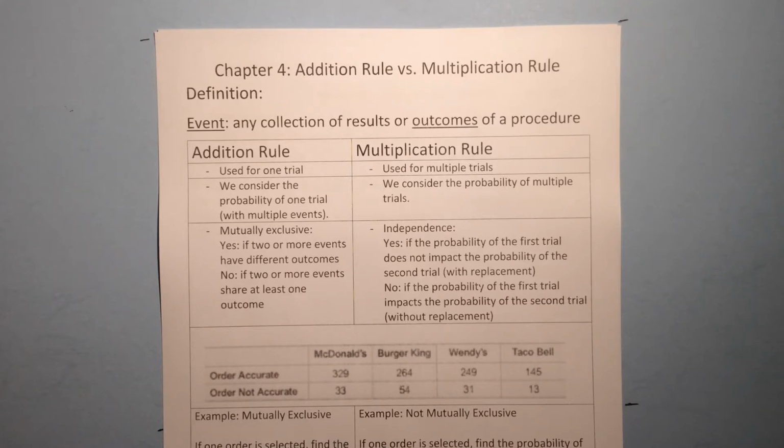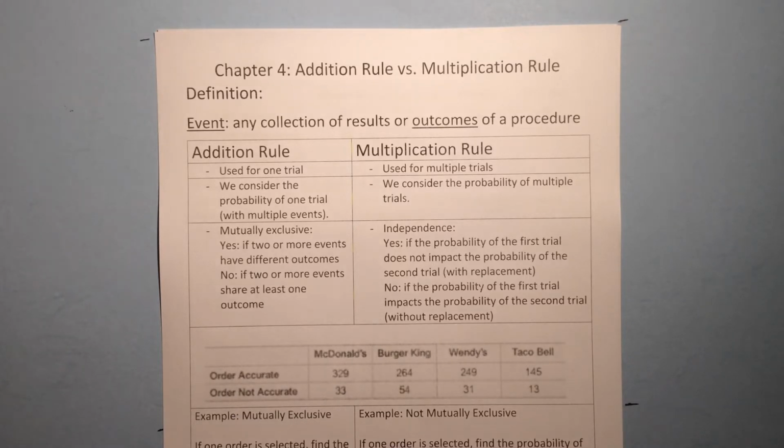Like if you have the New York Yankees playing the Philadelphia Phillies, either the New York Yankees are going to win the game or the Philadelphia Phillies are going to win that game. So, that is one event, two different outcomes. So we know that an event can have multiple outcomes.